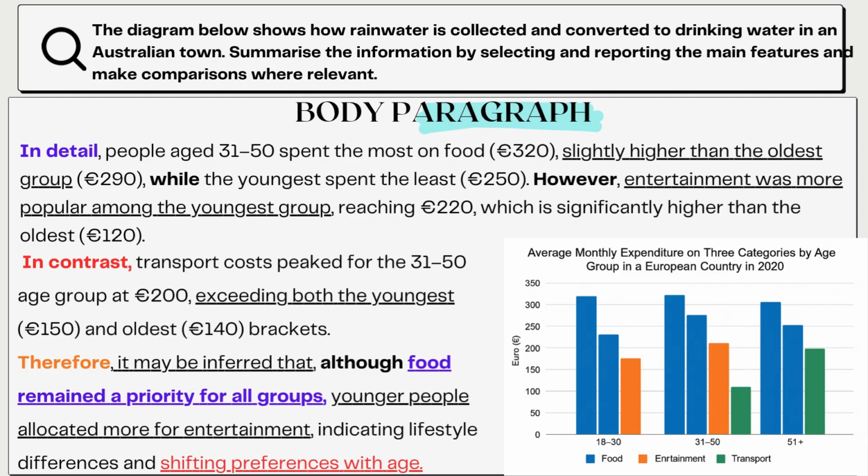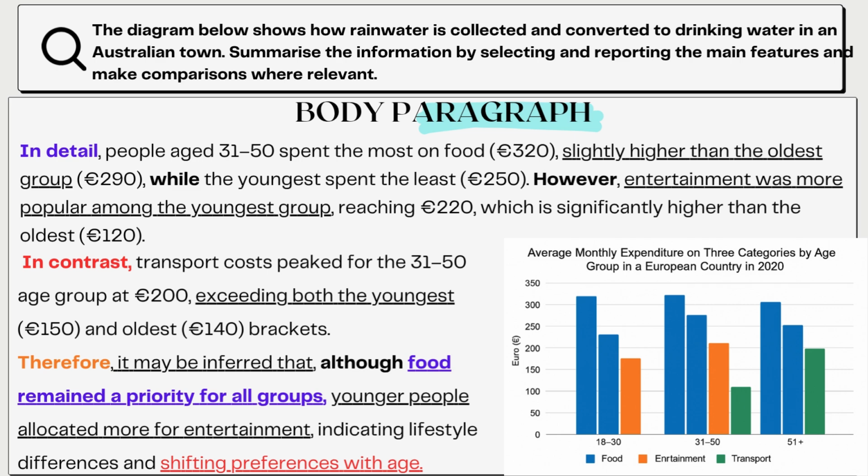In the contrast now, transport cost peaked for the 31 to 50 age group at 200 euros, exceeding both the youngest, 150 euros, and the oldest, 140 euros, right? Then we have, therefore, it can be inferred, it may be inferred that, now we have a what do we call that, proposition that it can be deduced.